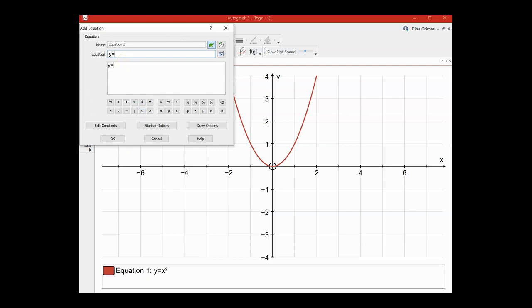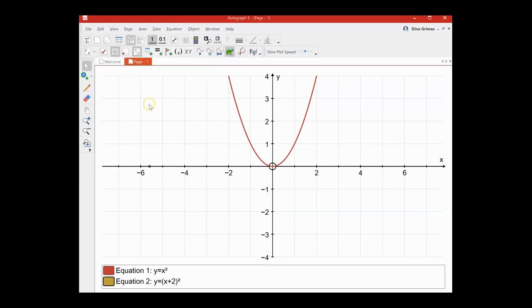So we have y is equal to open bracket x, let's say if we add 2, and then just square it because it's quadratic, and click on OK. Now I'm putting it on slope plot so we could see the movement clearly. So as you can see, if we add 2, we move the graph 2 places to the left.